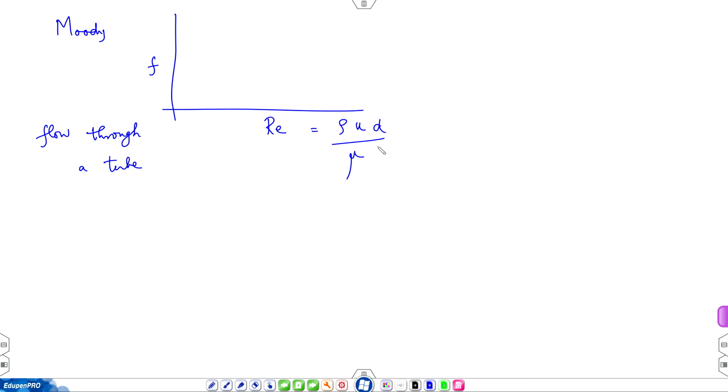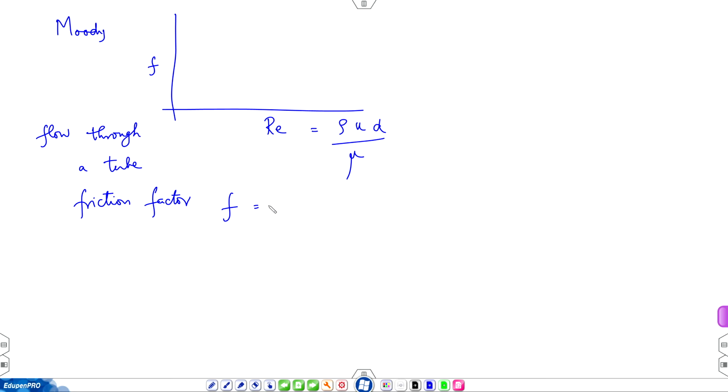And this friction factor F. So, in most problems your input will be Reynolds number and output would be losses, and the losses information is contained in friction factor.